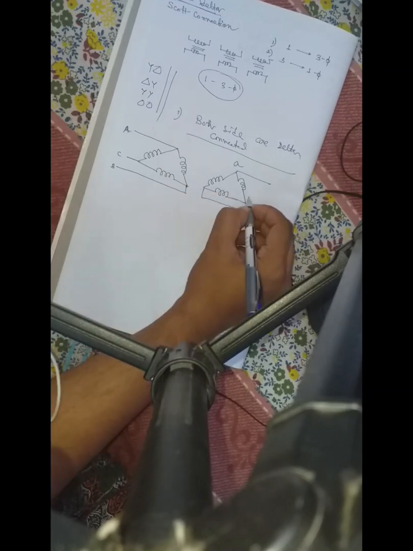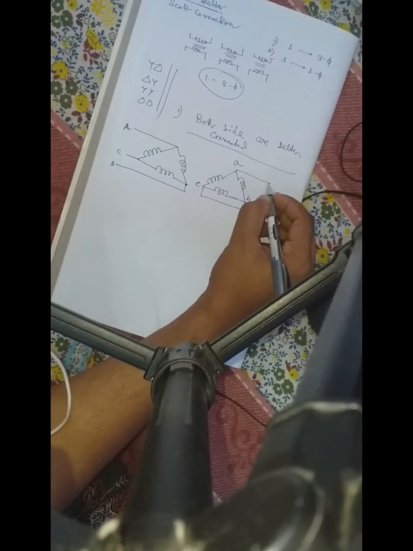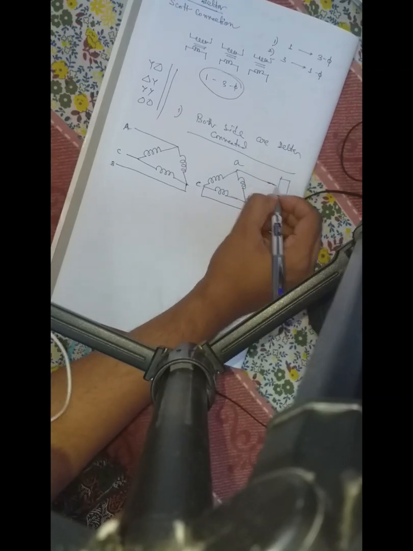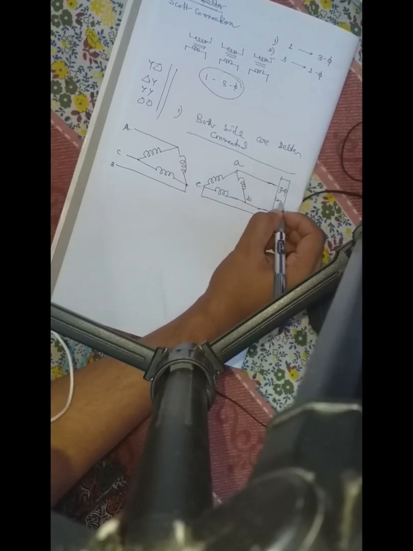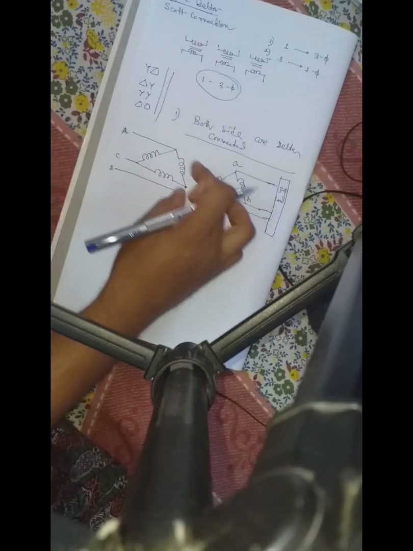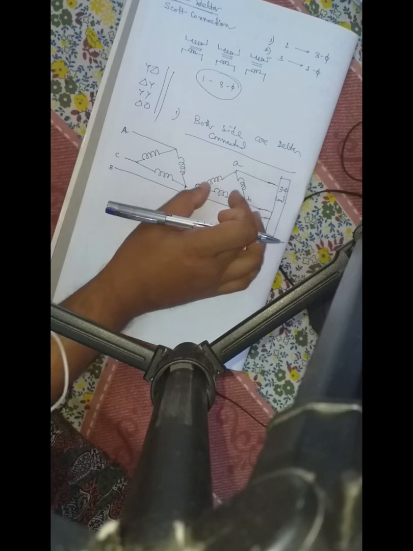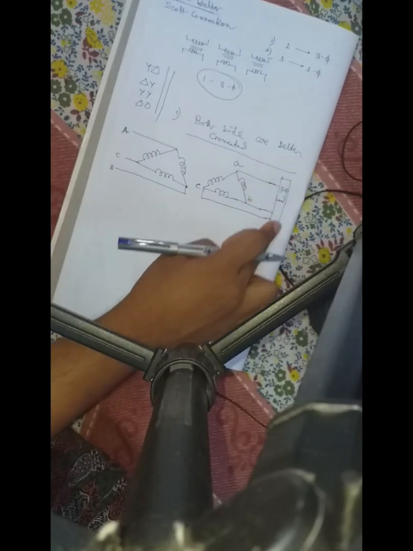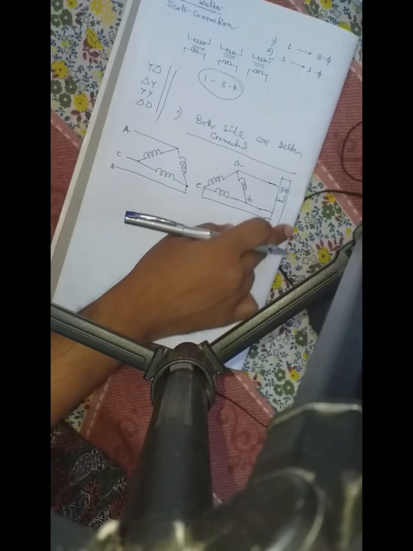This is A, this is B, and this is C, and there is a three phase load. So this secondary unit delivers power through this load.